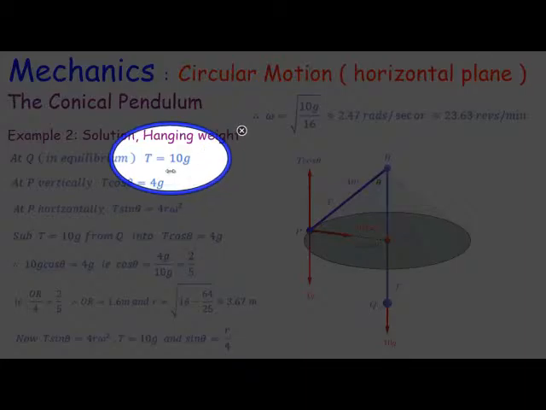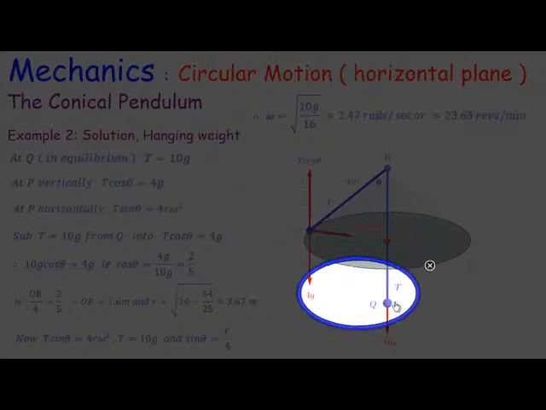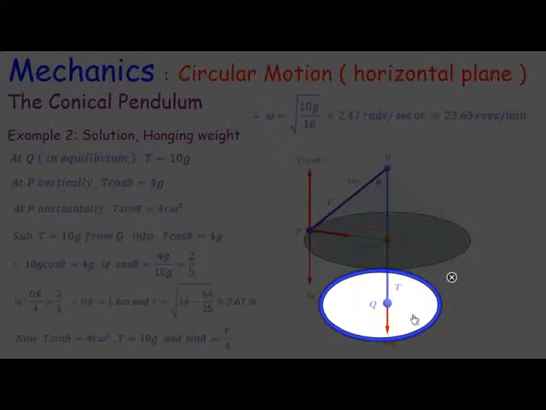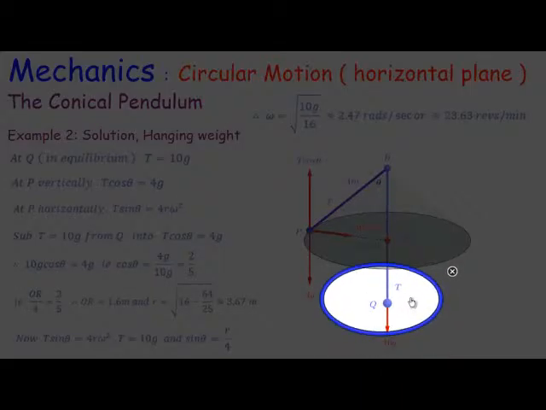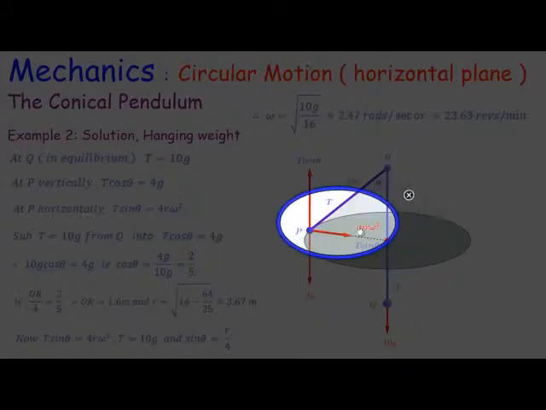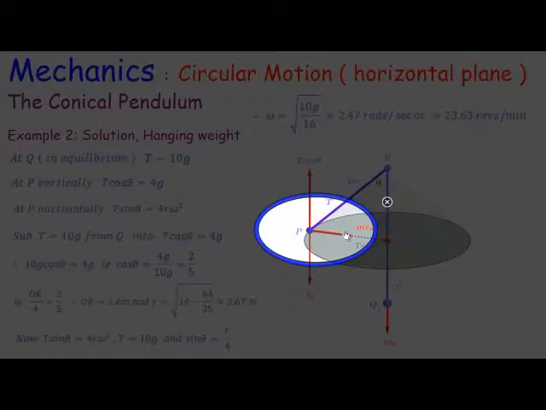Okay, so T equals 10g. Now, why is that the case? Well, if you go over here to Q, the tension in that inextensible string is balanced by the weight here, mg. Now, obviously, we have to go across over here to P and have a quick look, and we need to actually look at where is theta.